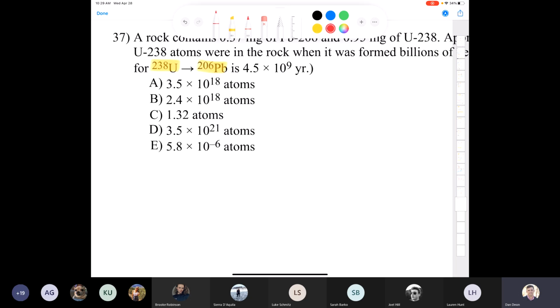Okay, so I'm going to rewrite this equation. We've got our uranium-238, and it's going to produce lead-206. If I start with 1 mole of this, let's say, I'm going to end up with 1 mole of lead-206. The ratio of the decay is 1 to 1.